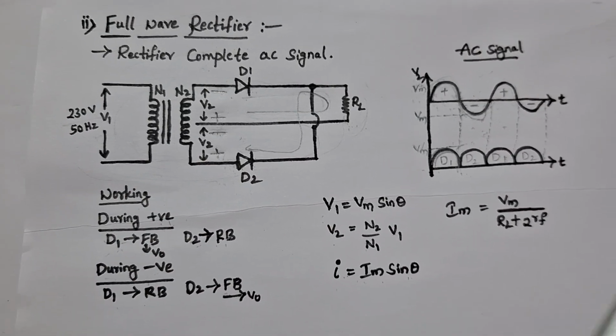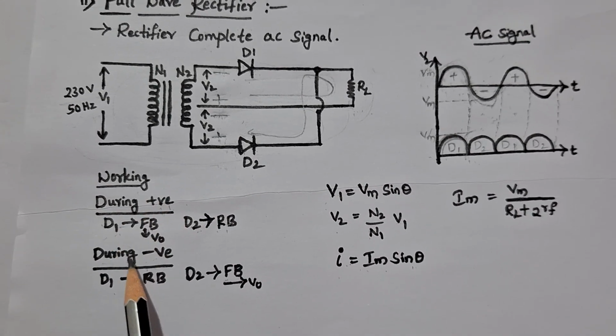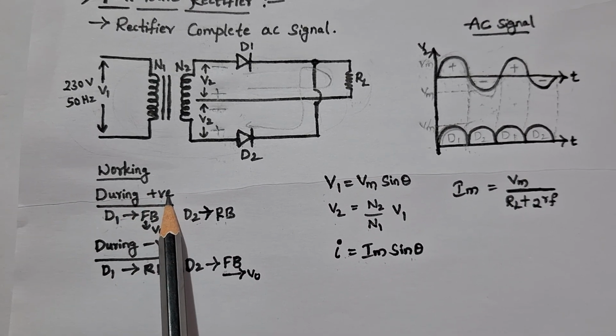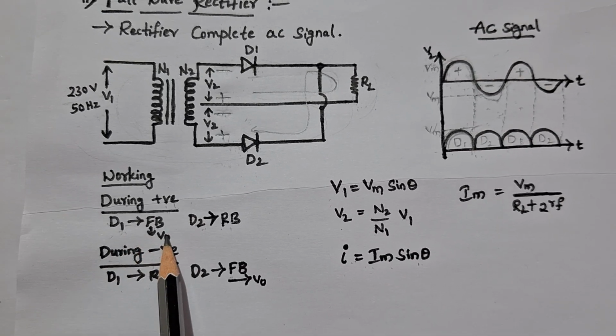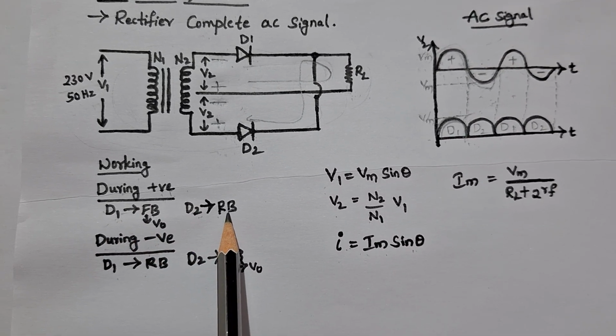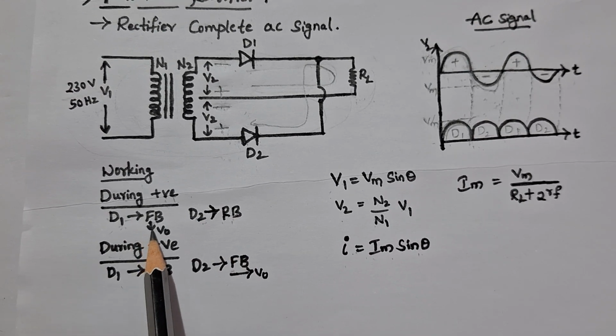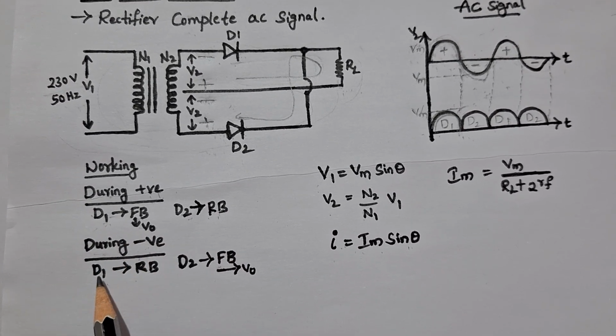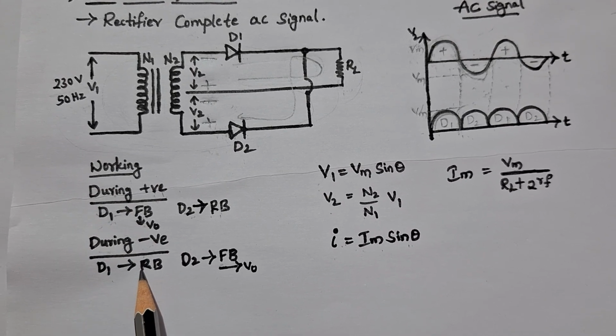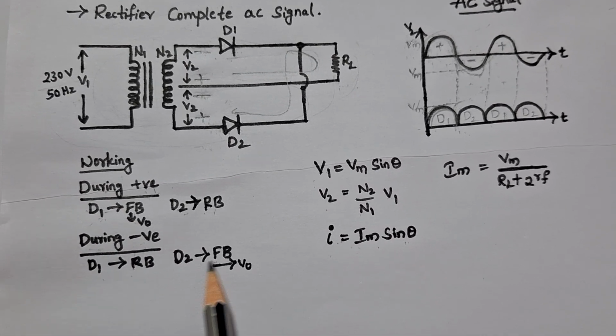Next let us see, during the positive half of the input cycle, D1 is forward bias and D2 is reverse bias, and we will get a voltage V0. And during the negative half of the input cycle, D1 is reverse bias and D2 is forward bias.